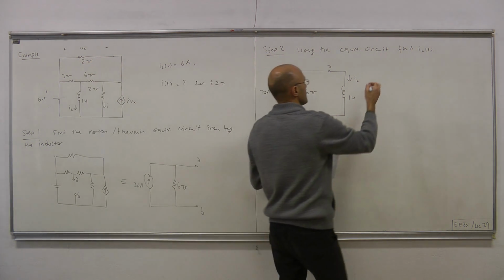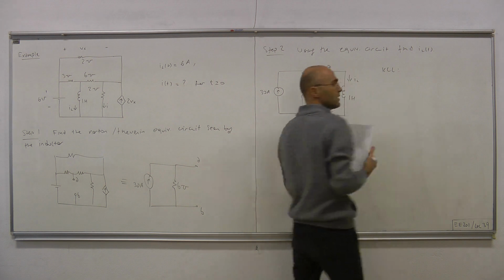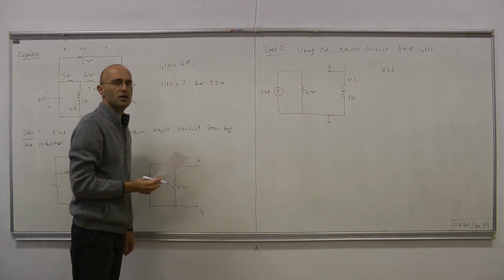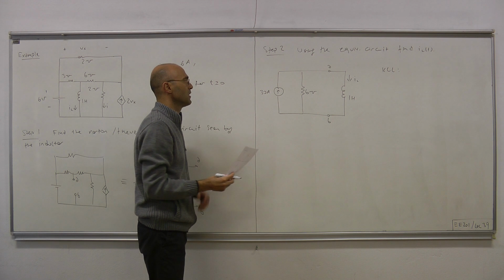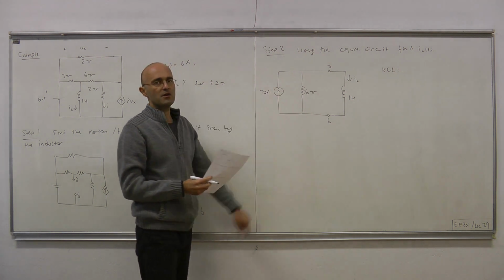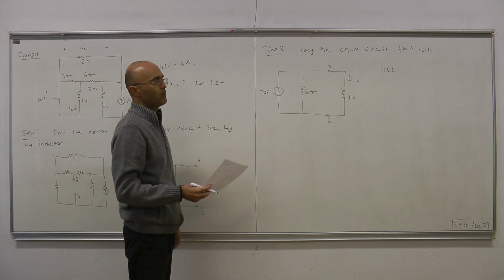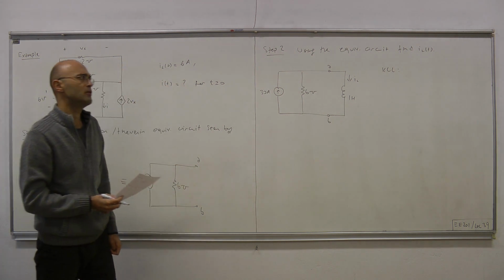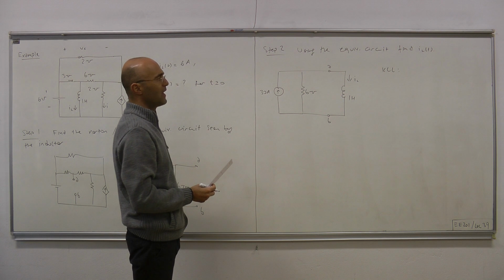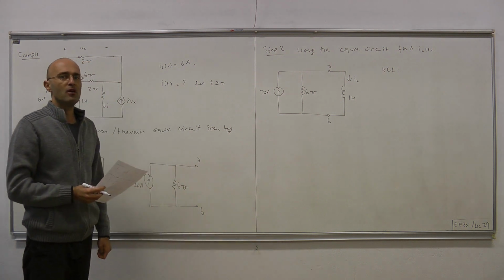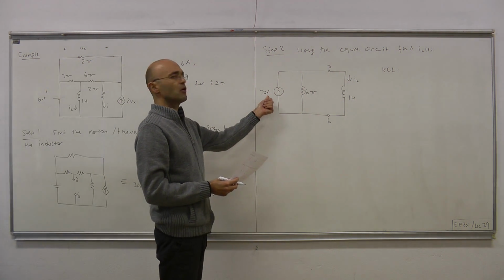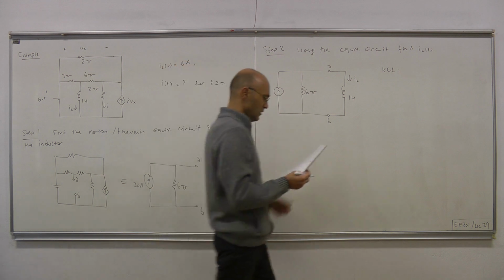Now some of you can automatically write the differential equation, but let's do it in a formal way. By KCL, we sum three currents and equate to 0. We express everything in terms of IL or dIL/dt, and that gives us the differential equation: a first order, non-homogeneous differential equation with a constant right-hand side. It's constant because the input is constant.